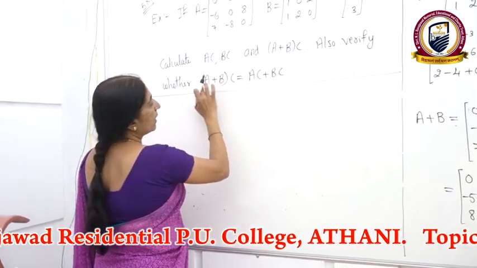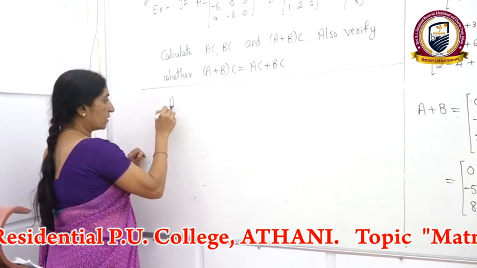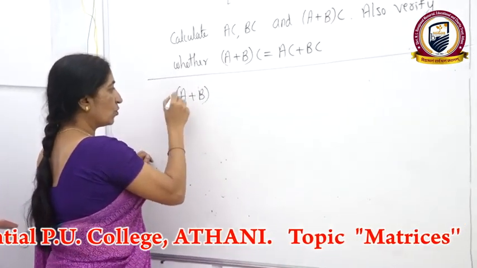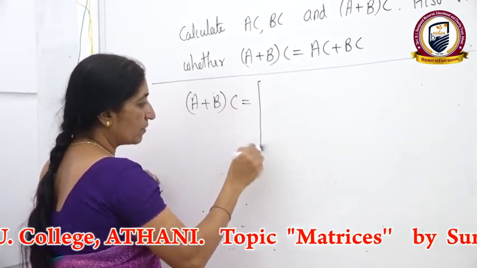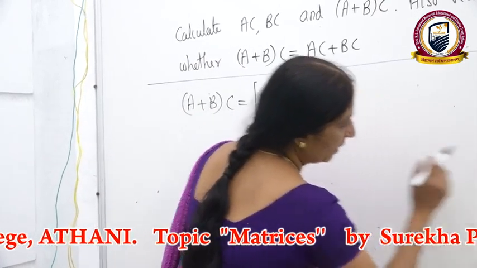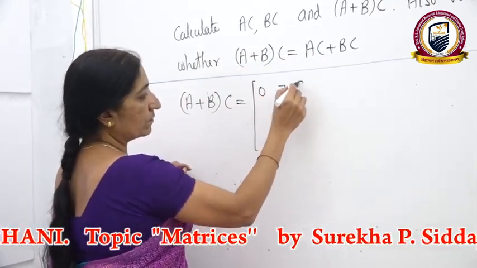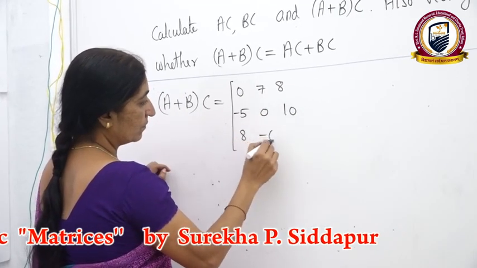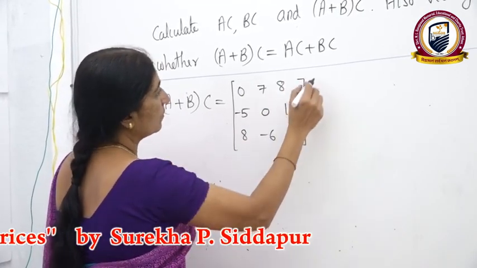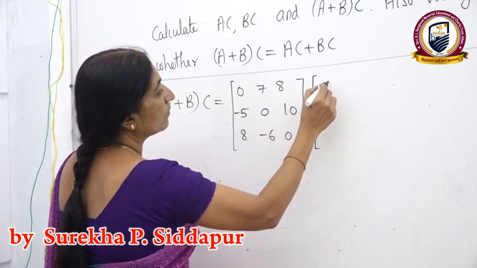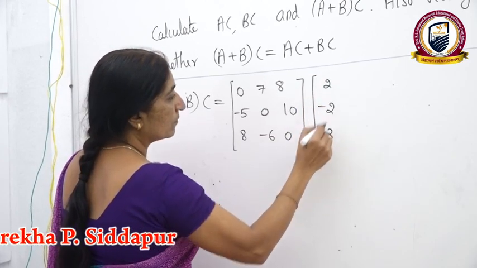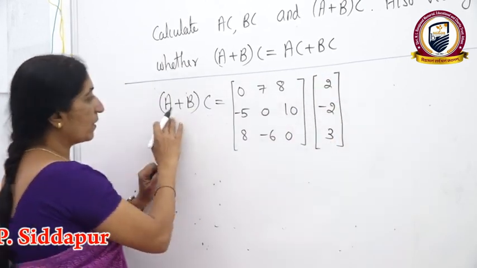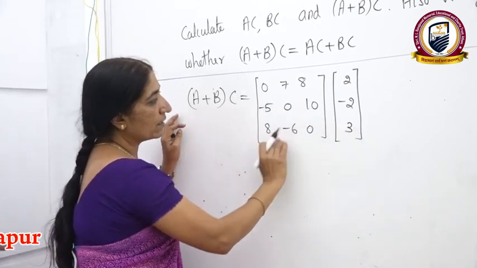I am keeping the problem as it is here. Now I am calculating A plus B into C. Here A plus B into C. And A plus B we already calculated here. I am writing those values. I wrote A plus B into C, multiplying these two.